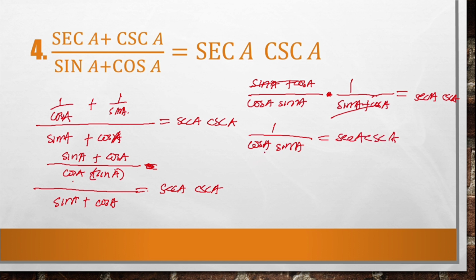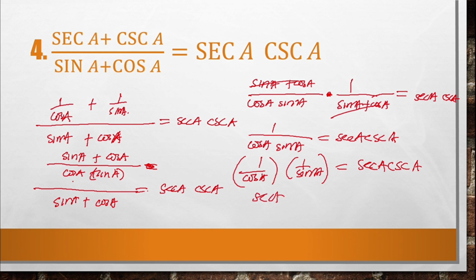So we could regroup this one as 1 over cosine a and 1 over sine a equals sec a cosecant a. So the value for 1 over cosine a is sec a, and 1 over sine a is cosecant a.